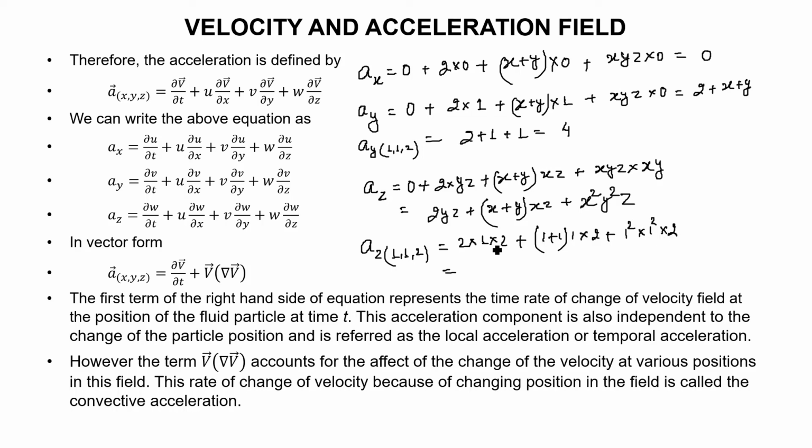So this is 4 + 4 + 2, which is equal to 10. So az at position (1, 1, 2) is 10.